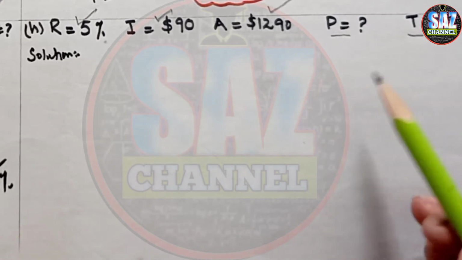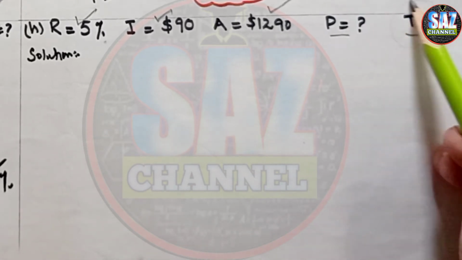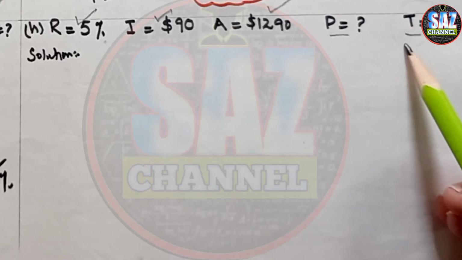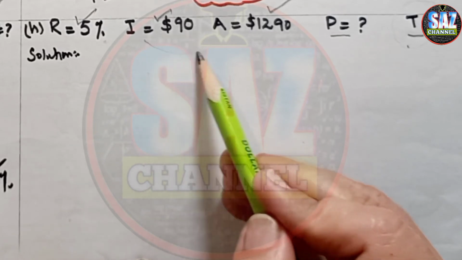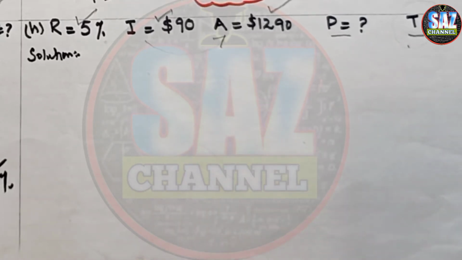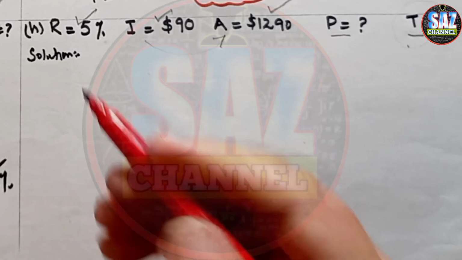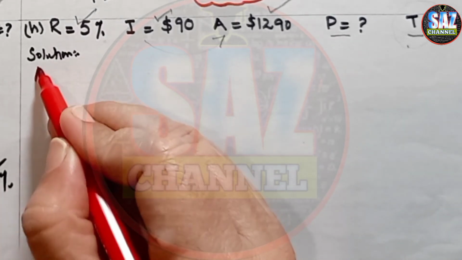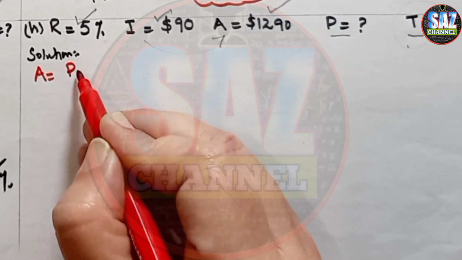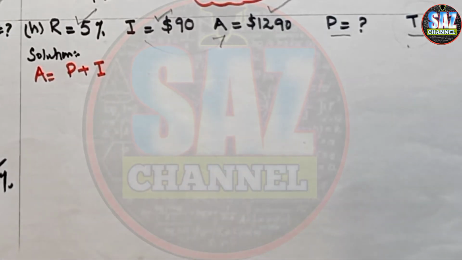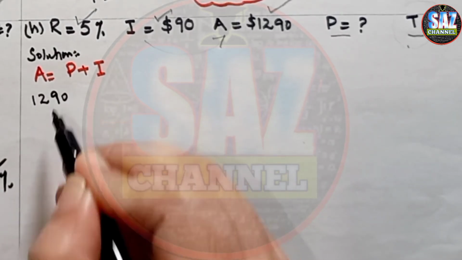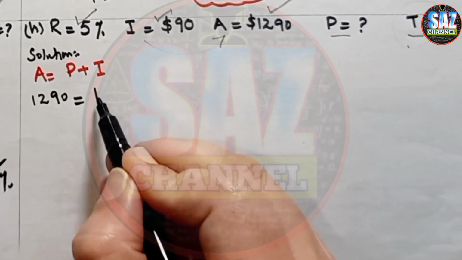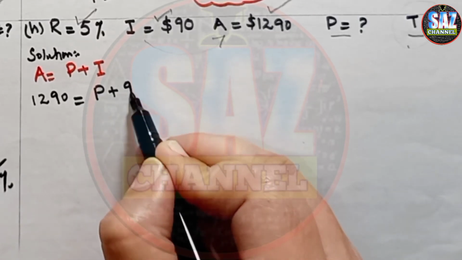In order to get the time, we should have the value of the principal, which can be calculated with the help of amount and interest. So let's move to the solution. As amount equals principal plus interest, instead of amount I have to replace 1,290 equals principal plus interest, which is $90.